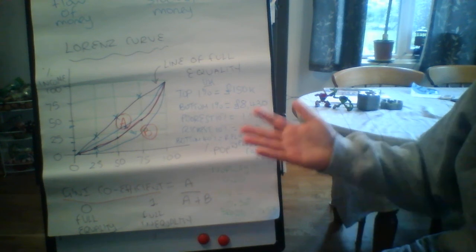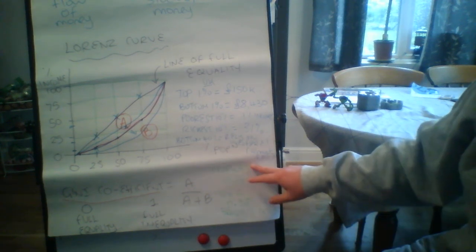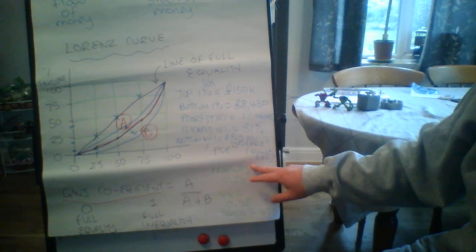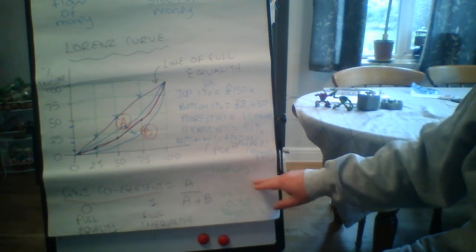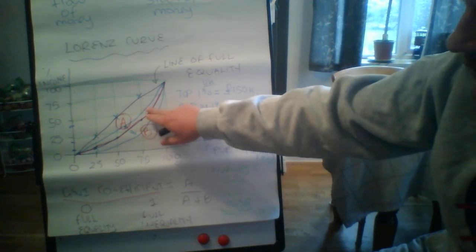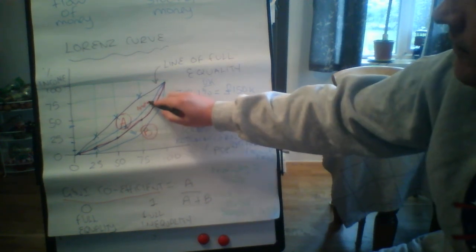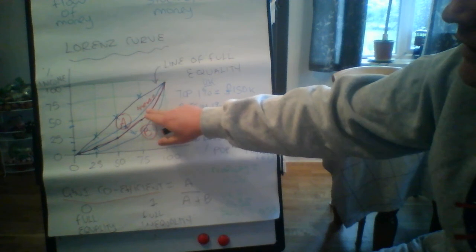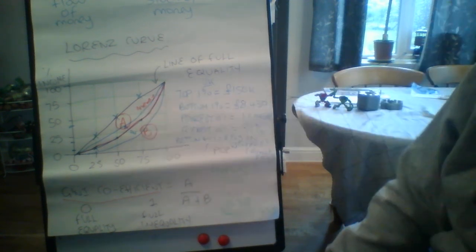So if we were looking at a country like Norway, you tend to find that the gap between rich and poor people in Norway is far lower than countries such as the UK. So their calculation would be 0.26. So what you might argue is this first line here, this first blue line, could be Norway. So their Lorenz curve will sit closer to the line of full equality than what other countries will do.